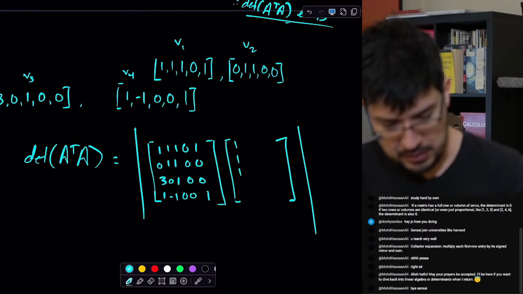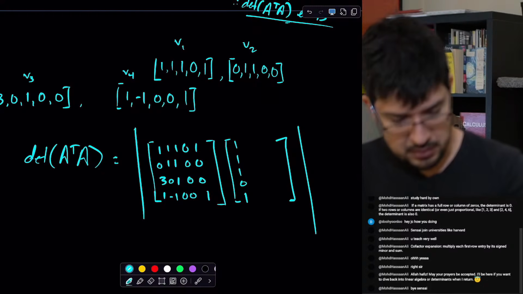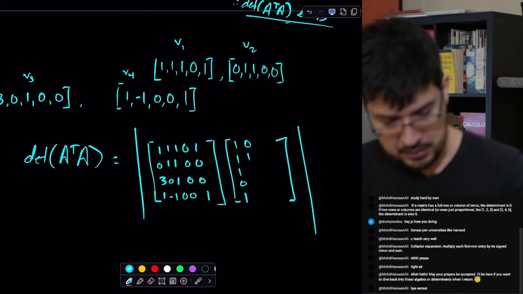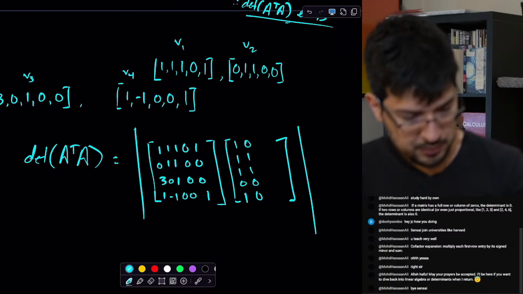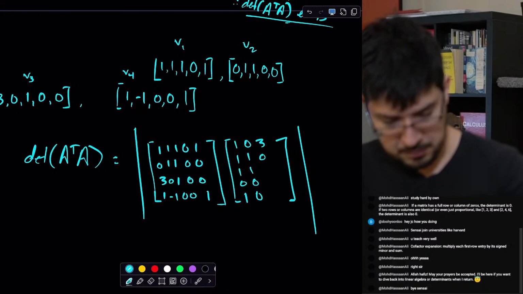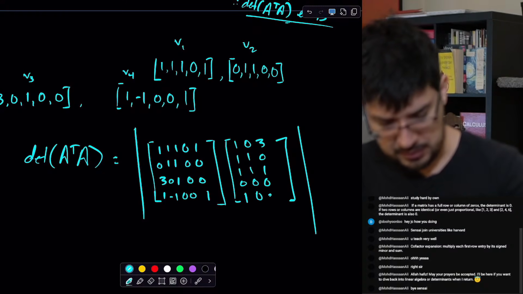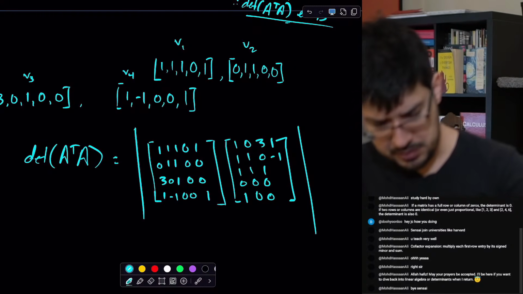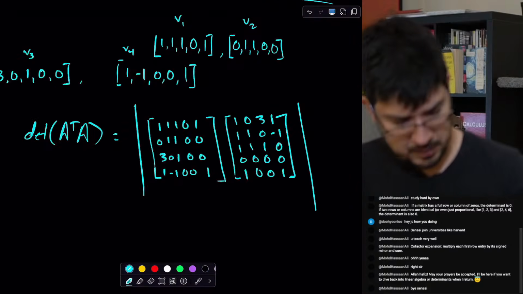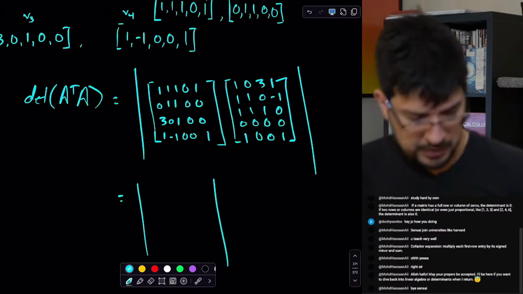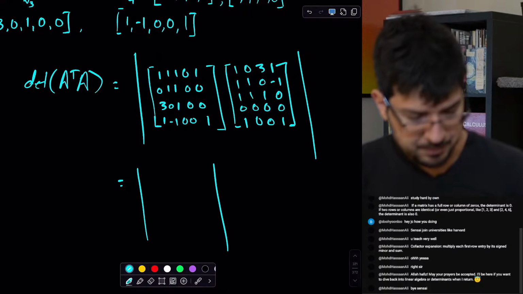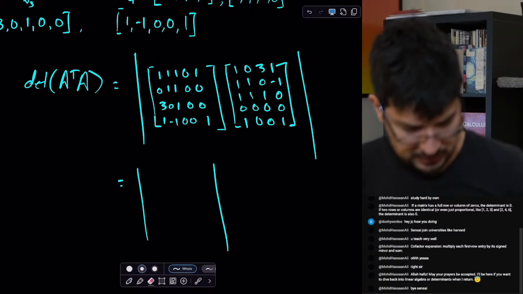1, 1, 1, 0, 1. 0, 1, 1, 0, 0. 3, 0, 1, 0, 0. 1, negative 1, 0, 0, 1. So I don't really like this notation.